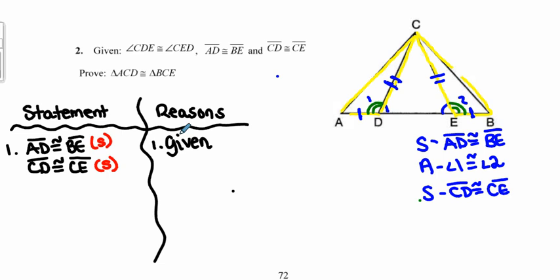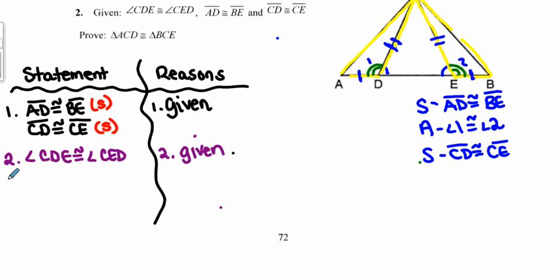All right, I want to use my congruent supplements theorem, but in order to do that, I have to have a pair of congruent angles, which would be the given angles CDE and CED. And I have to have a pair of supplementary angles. So this is the piece I'm going to have to work for just a little bit here.